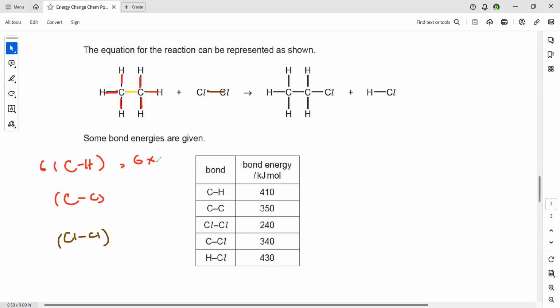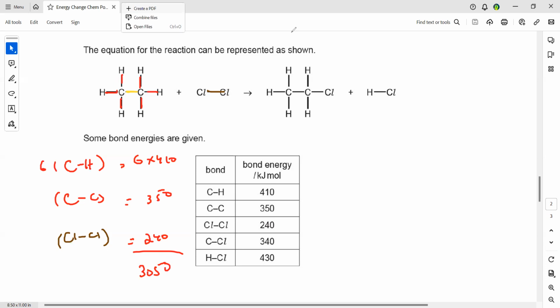So this will be 6 multiplied by 410. And carbon-carbon is 350. And chlorine-chlorine is 240. So we get the bond breaking energy for this reaction, 3050. So 3050 is a bond breaking.